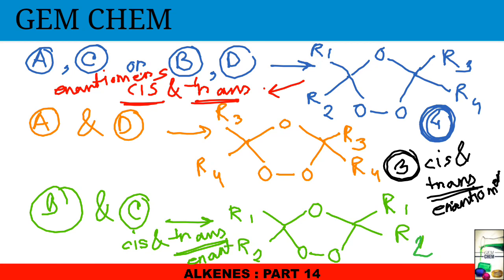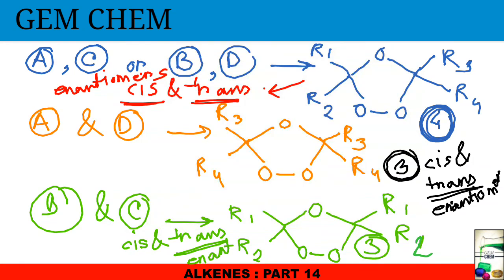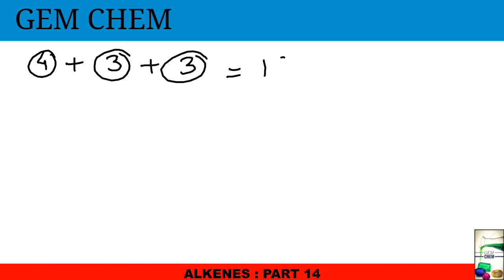Okay, so we will have 3 structures. So ultimately, what is the number of mole ozonides which we are going to get is total 4 plus 3 plus 3, that is total 10 mole ozonides possible in this mixture.